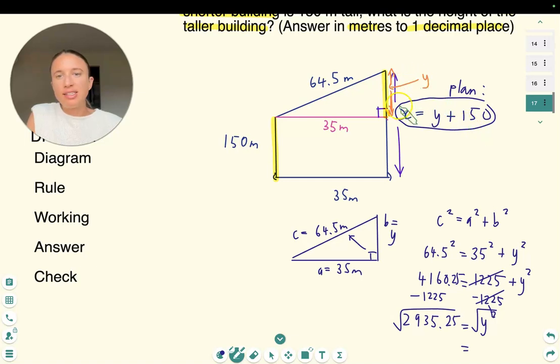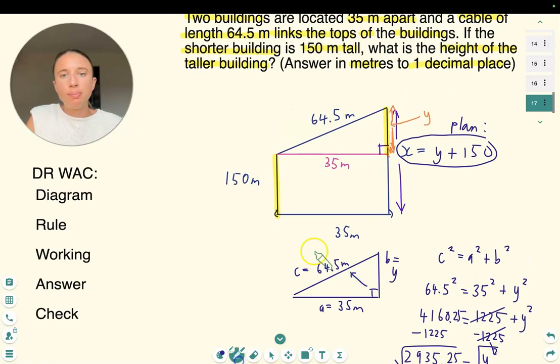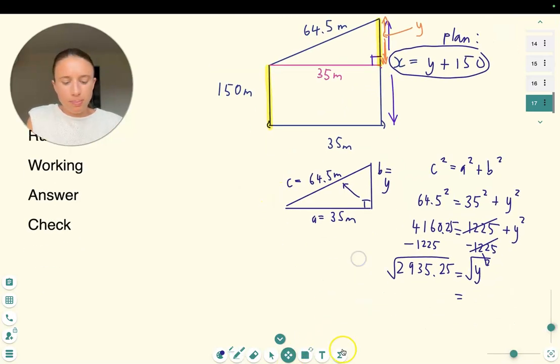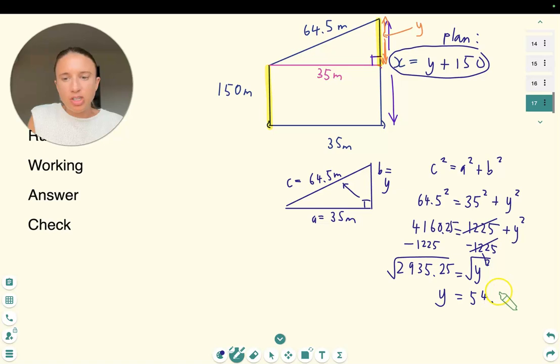Once we find this distance y, we're going to plug it back into here, remember, because we need the height of the taller building, this full height. So we need to add that 150 on. But for now, we have found y. Y is 54 point, just keep it to a few decimal places till the very end.